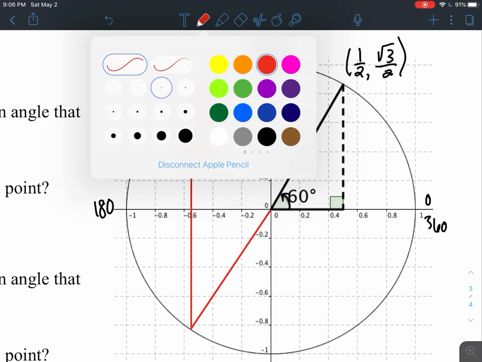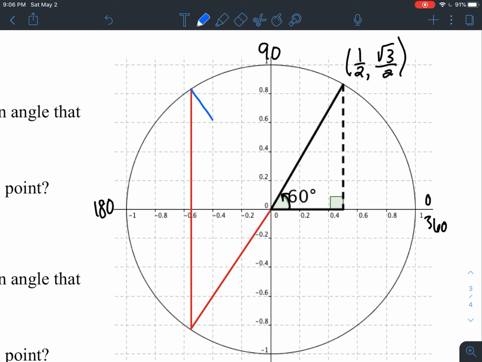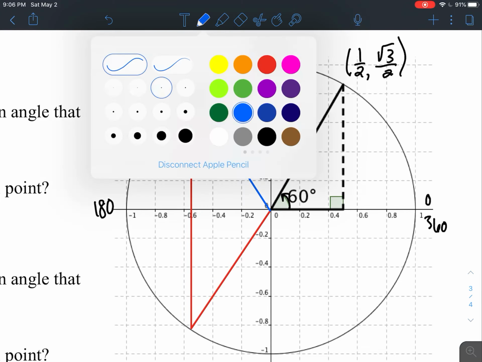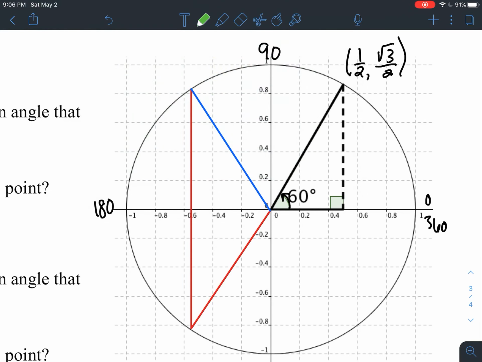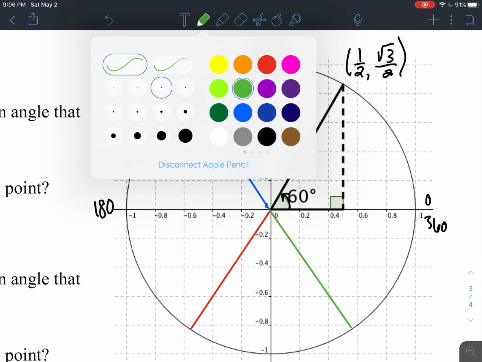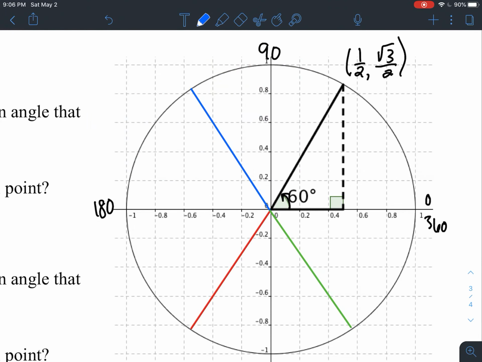So that means now my blue should be from there to my vertex, which is the origin, and my green one should be from there. I'm just trying to line it up with that. Good enough. No, not good enough. Perfect. Good.